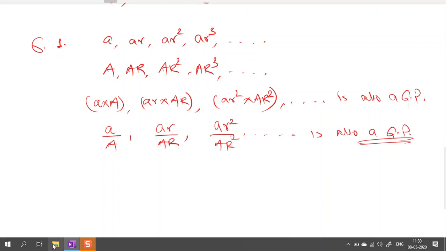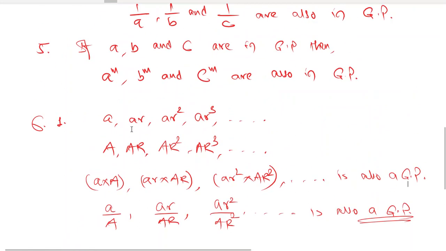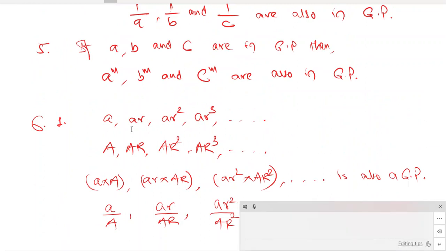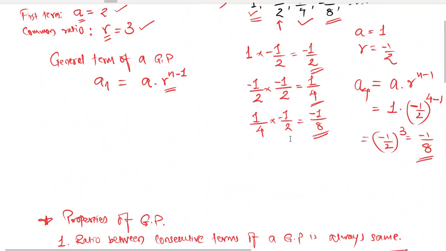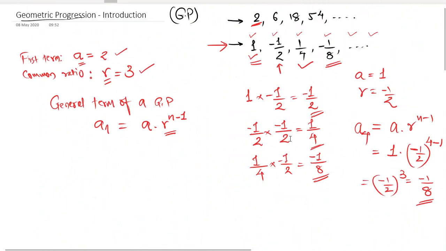You might encounter questions based on these properties in the exercise, but you will know that only when you solve the exercise, right? So we have completed three parts today, where first we understood what a GP, geometric progression, was.